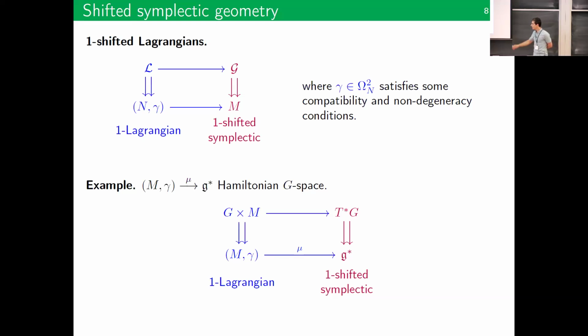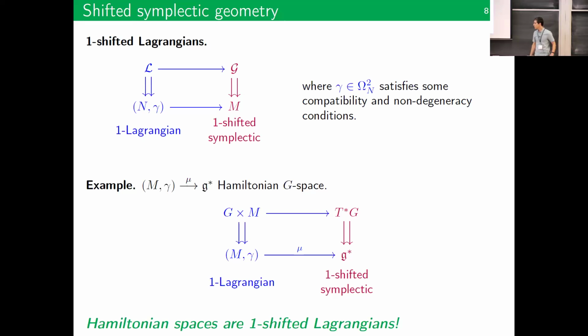And actually, if you have such a diagram, so just an action, and then you want to produce a one-shifted Lagrangian structure on that, this is equivalent to giving this the structure of a Hamiltonian G space. So you conclude that Hamiltonian spaces are one-shifted Lagrangians. So keeping with the theme that everything is a Lagrangian, even Hamiltonian spaces are Lagrangians, but in the one-shifted setup.